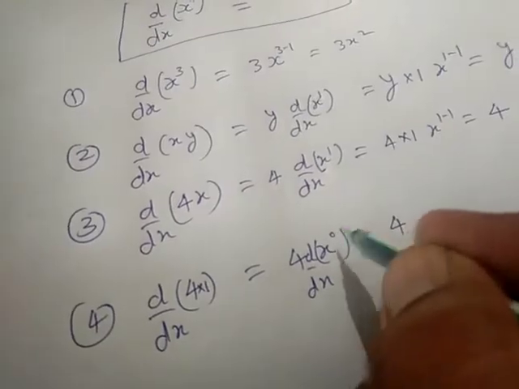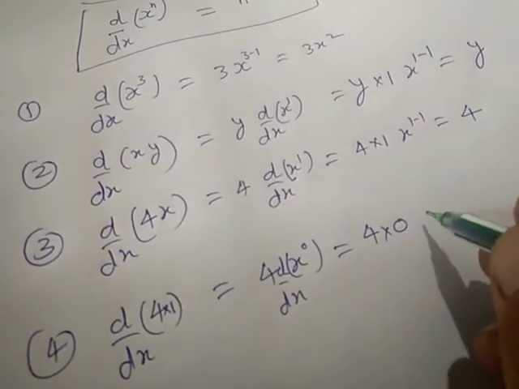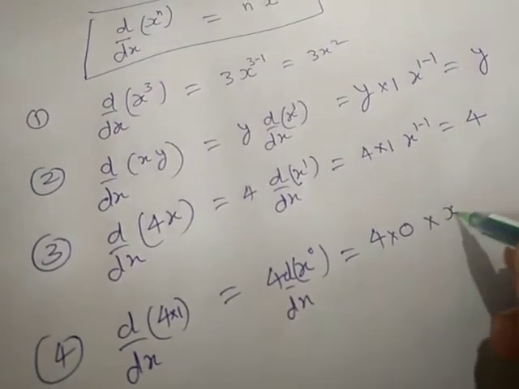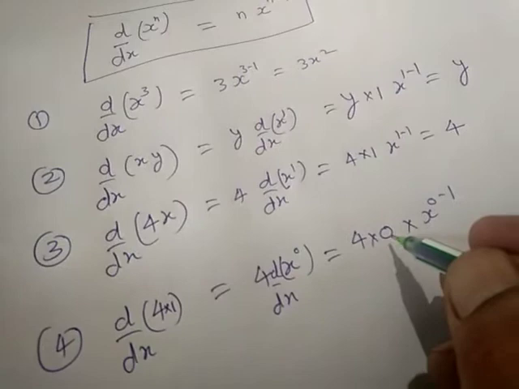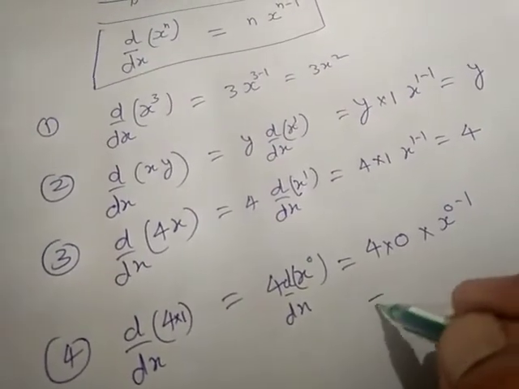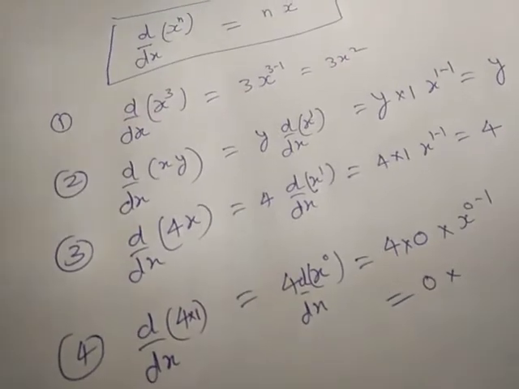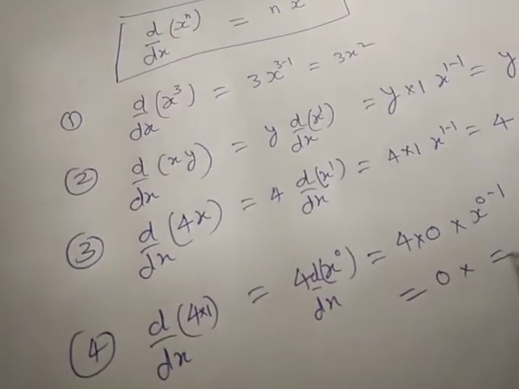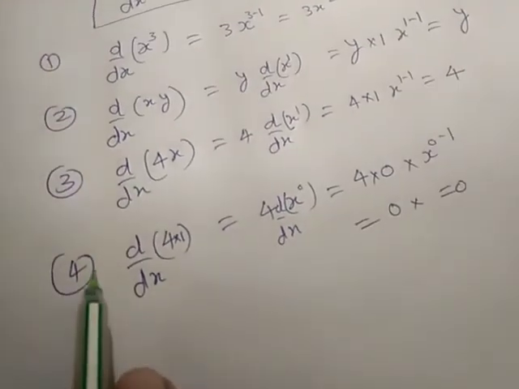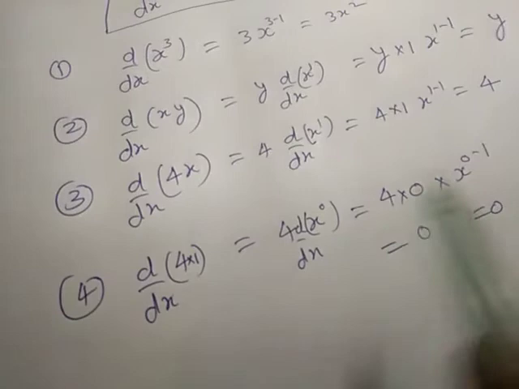Now the power 0 is multiplied to the 4, and this is into x to power 0 minus 1. 4 into 0 is not 40, 4 into 0 is 0, and 0 multiplied by this becomes 0. So the differentiation of a constant term is 0.